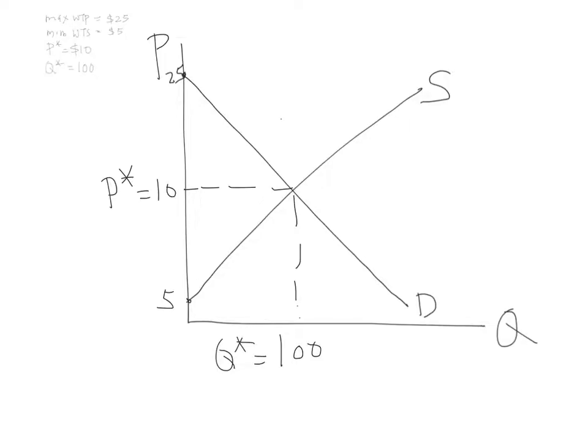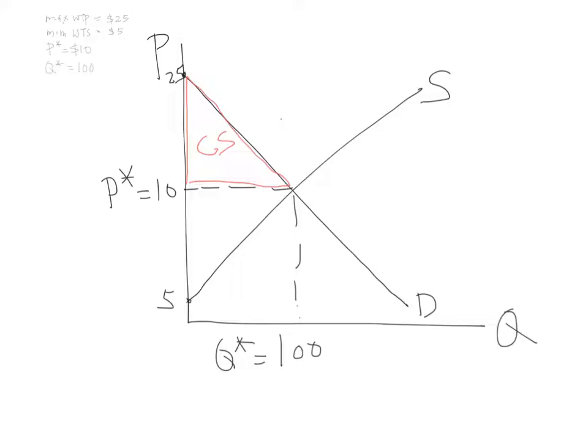Okay. So what we know immediately, or we should know immediately, is that this area over here is our consumer surplus. This is the difference between the maximum willingness to pay and the price actually paid, multiplied by the number of shoes that the customers have bought. So a customer who has a maximum willingness to pay of $20, for example, has ended up paying $10 for the shoes.